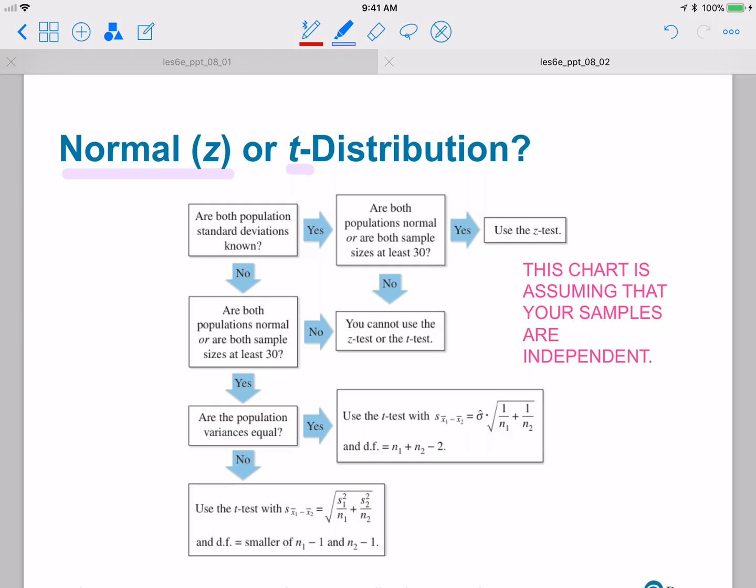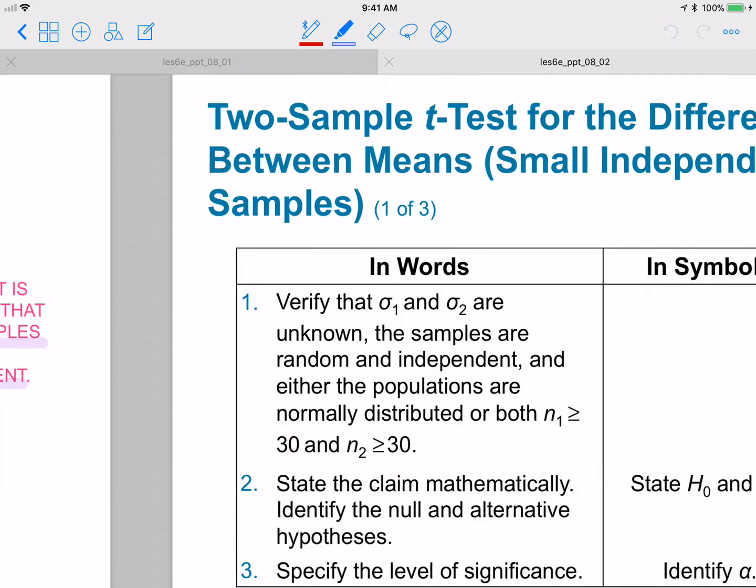Okay, so I just wanted to point out that this chart is assuming that your samples are independent. So remember, if your samples are dependent, then that's section 8.3, and we have a different approach.